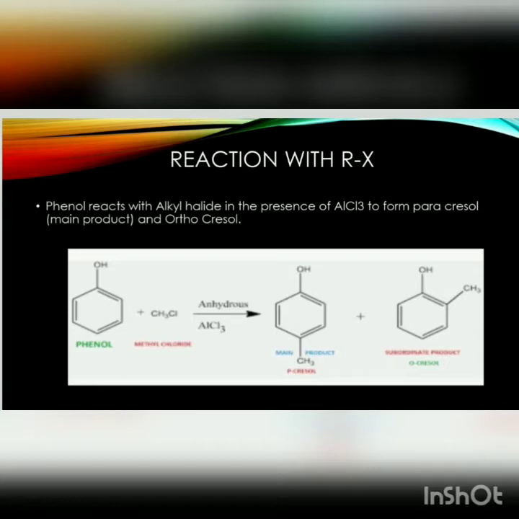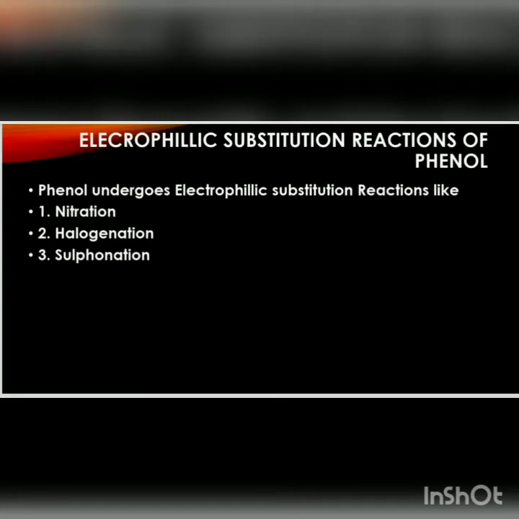Next, the third reaction is electrophilic substitution reactions of phenol. Phenol undergoes different types of electrophilic substitution reactions: number 1 is nitration, number 2 is sulfonation, number 3 is halogenation. What are electrophilic substitution reactions? An electrophilic substitution reaction means an electrophile is substituting on the benzene ring.